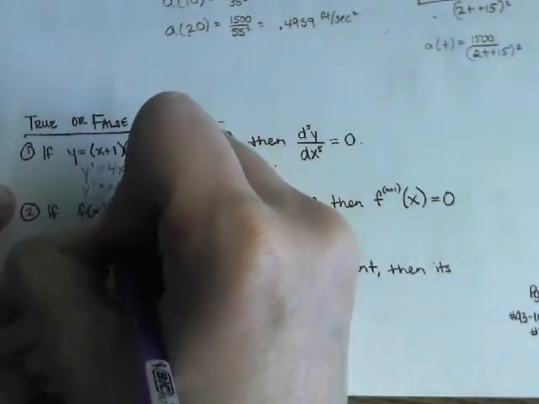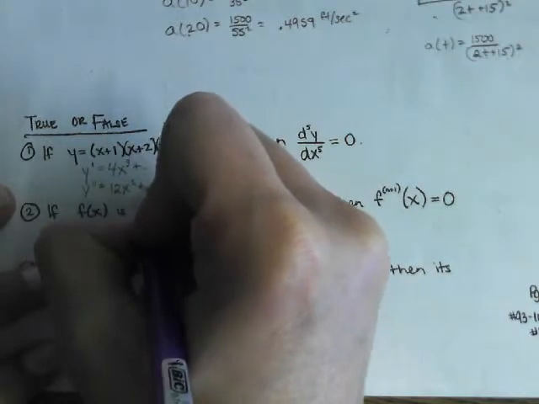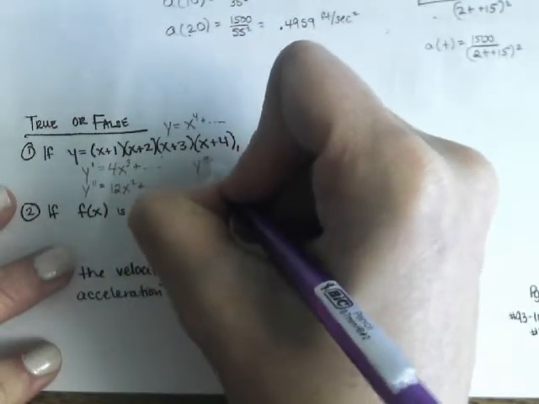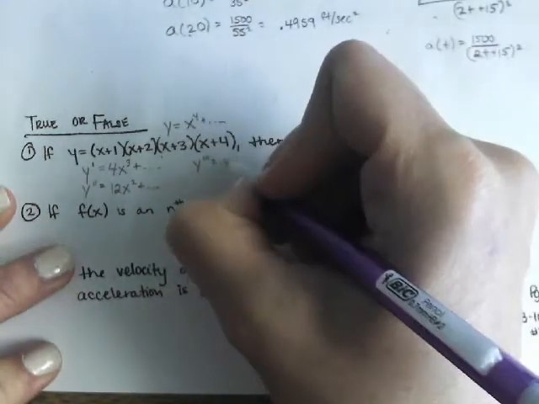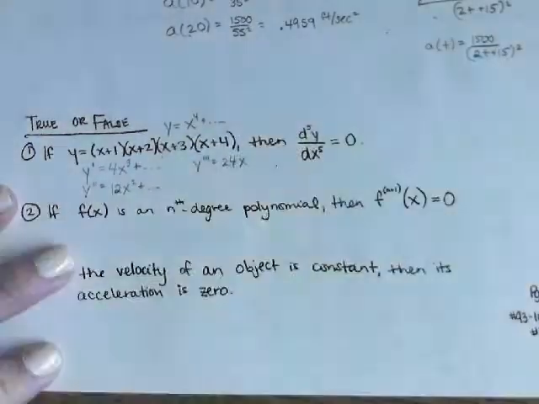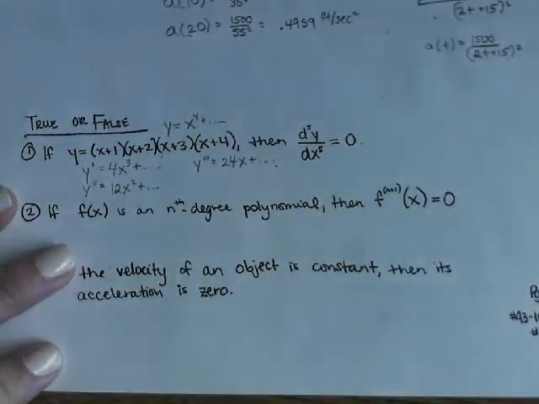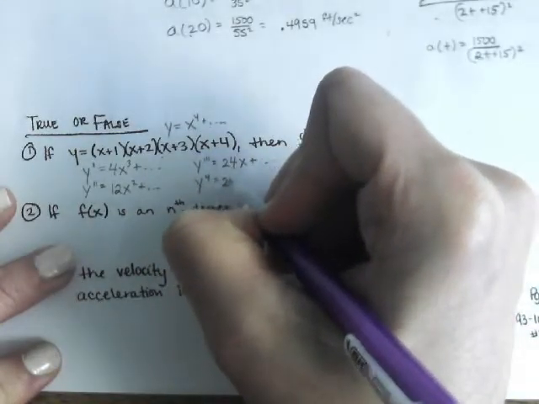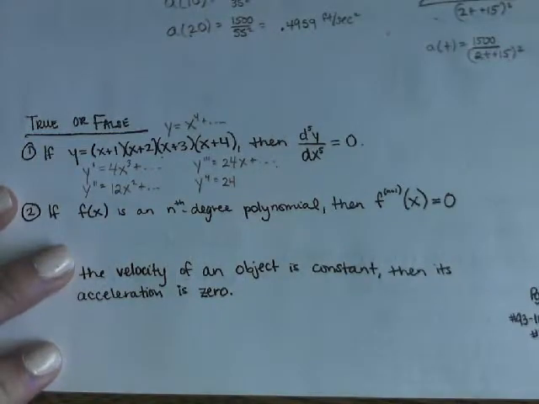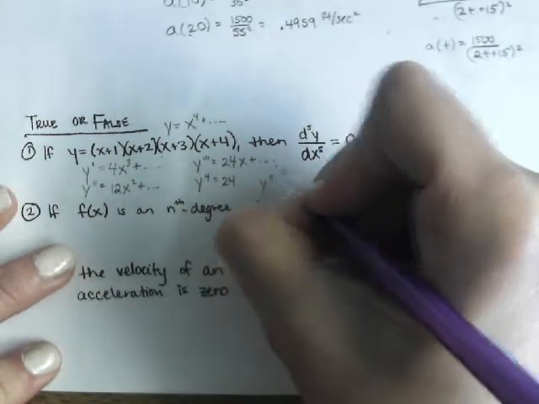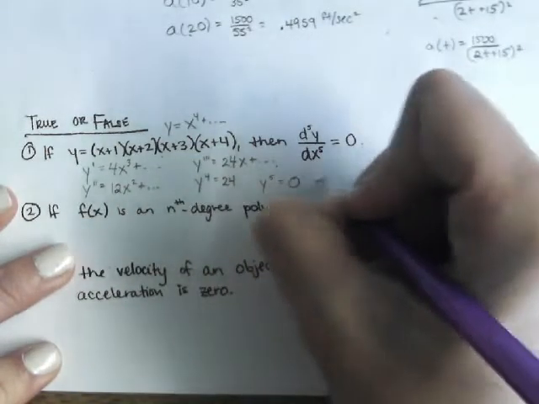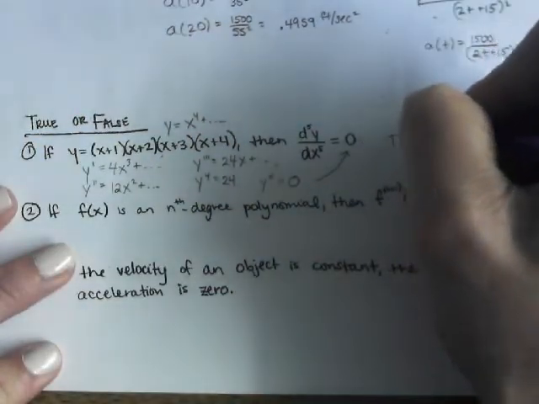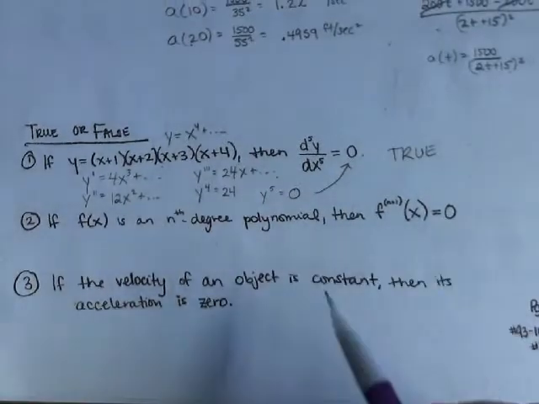Your third derivative would be 24x plus some constant. And then your fourth derivative would just be 24. And your fifth derivative would be 0. So, yes, that is true. And as Sunny said, every derivative thereafter, your sixth, your seventh, would also be 0.